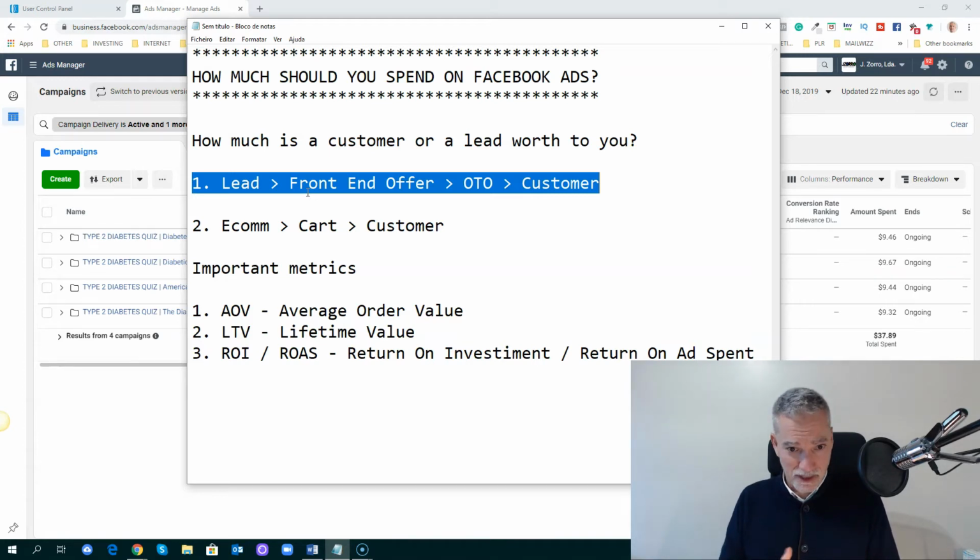Another important metric is the LTV. It's the lifetime value. It's even harder to determine, but actually this will tell you how much a customer is worth to you in the future, over their lifetime, okay?